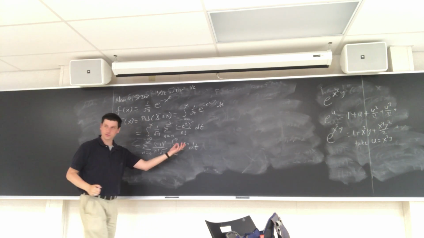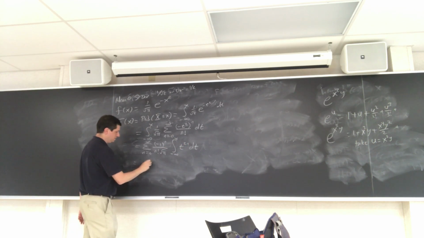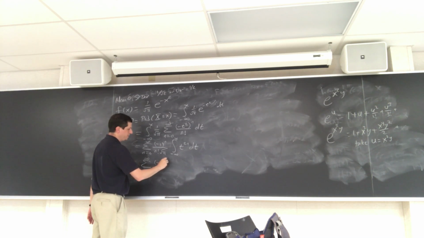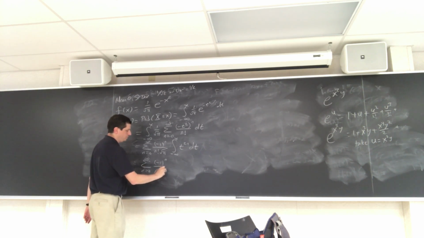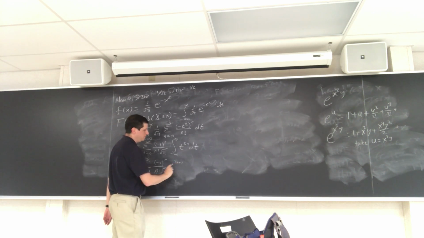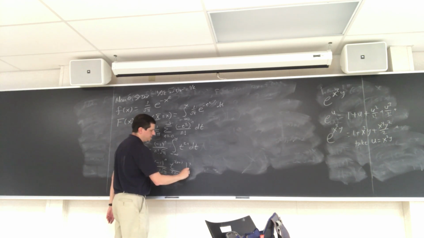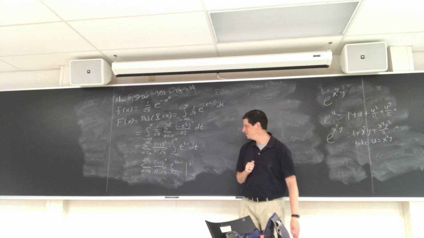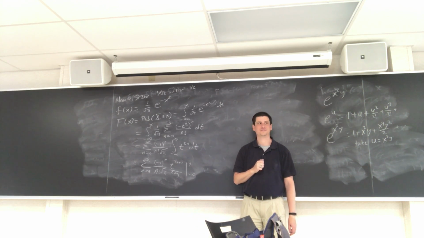Oh, well, that's an easy integral to do. So I get the sum from 0 to infinity, negative 1 to the n over n factorial square root of pi, and then I'll get t to the 2n plus 1 over 2n plus 1, and I evaluate it at x and negative infinity. All right, what happens when I evaluate it at x and negative infinity?